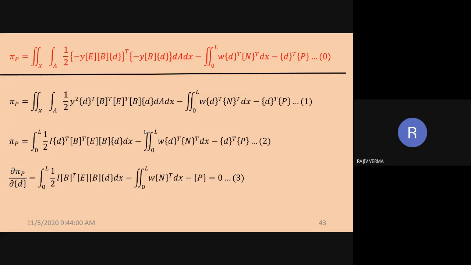Now, one other point is that the steps involved in the differentiation of equation number 2 are obviously missing over here. But a similar differentiation was carried out for a bar element in the previous lectures, and all the steps involved in differentiation were discussed in detail in that particular lecture.